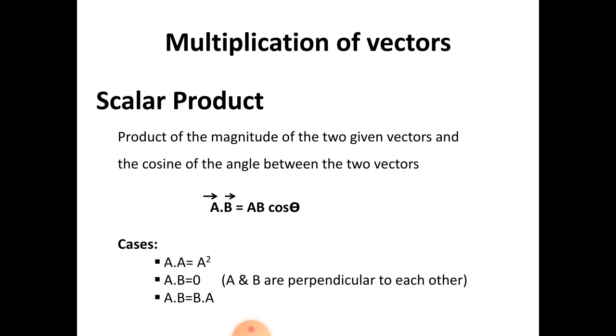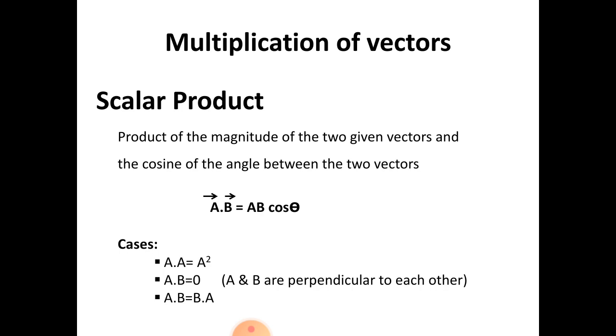The scalar product of these two vectors A and B is defined as the scalar quantity, which is equal to the product of the magnitudes of the two given vectors and the cosine of the angle between the two vectors. A dot B is equal to AB cos theta.